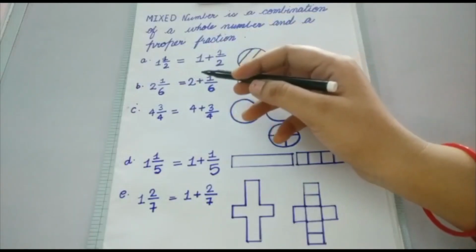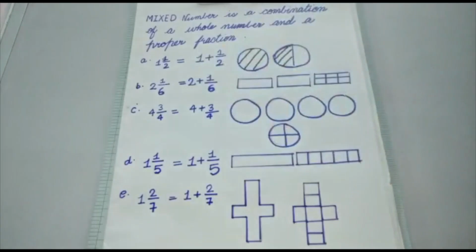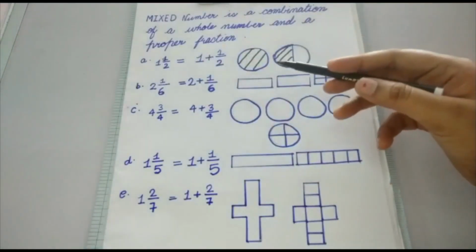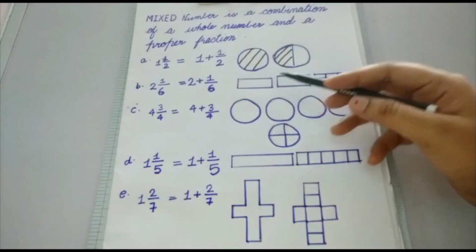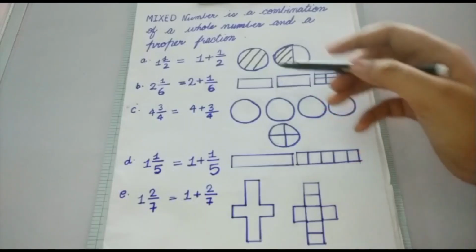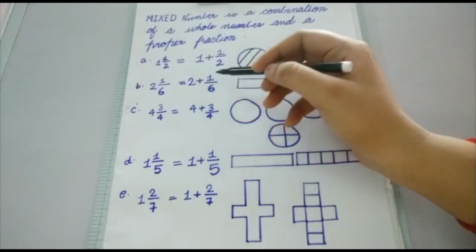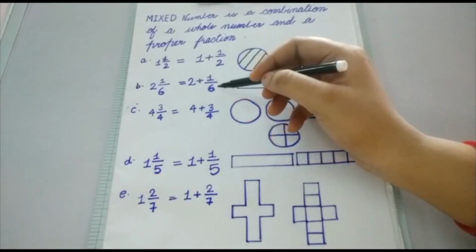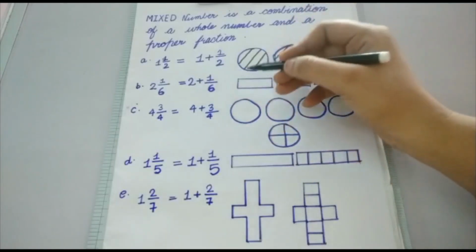Coming to example B. We have 2 1 by 6, that is 2 plus 1 by 6. We have exactly 3 similar bricks in same shape. So we need to shade 2 bricks, that is 2 rectangular boxes, and making 6 parts of a whole brick, and 1 part we need to shade.